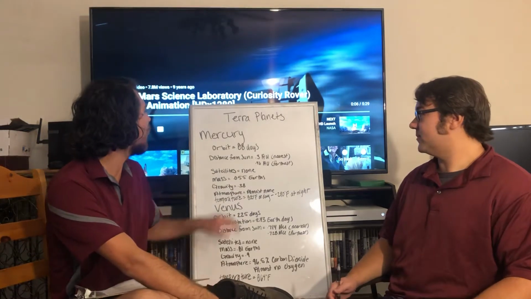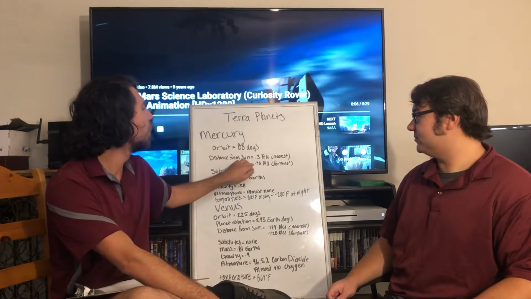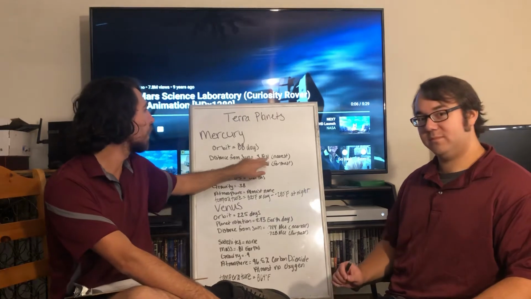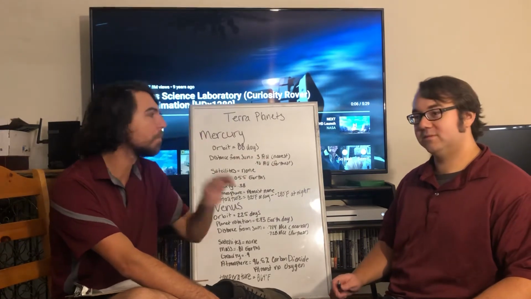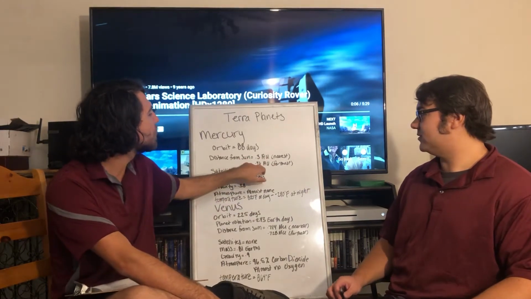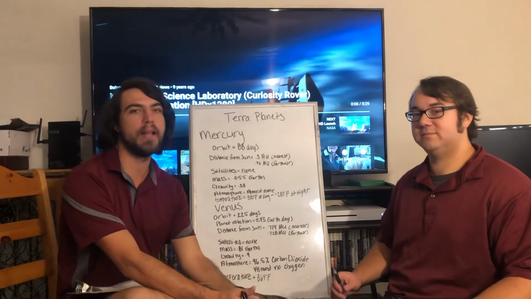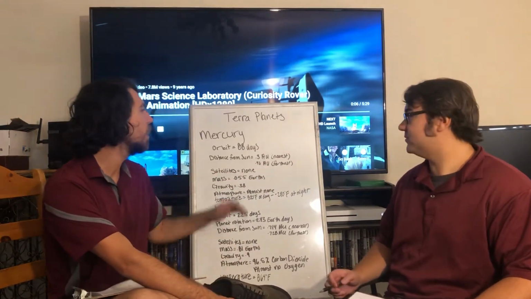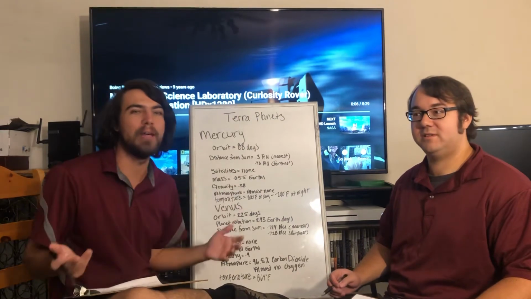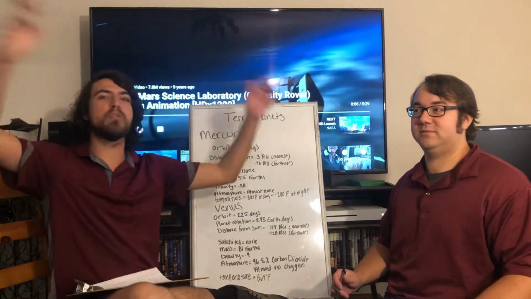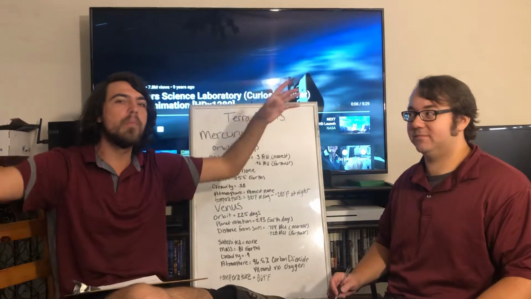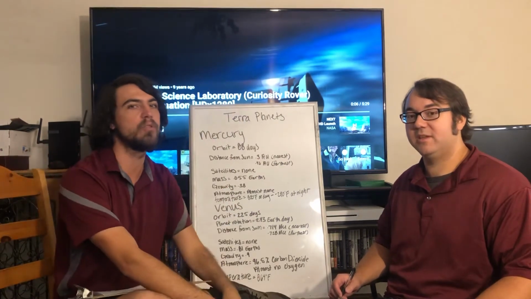What else do we have? We have the distance from the sun, which is 0.3 AU or 0.46 AU. Now, what is an AU? We're not measuring anything in space with miles. We could, but our miles would be so big, just too many numbers. So we want to go ahead and break it down into a smaller number.